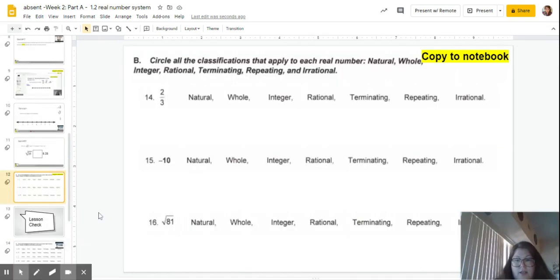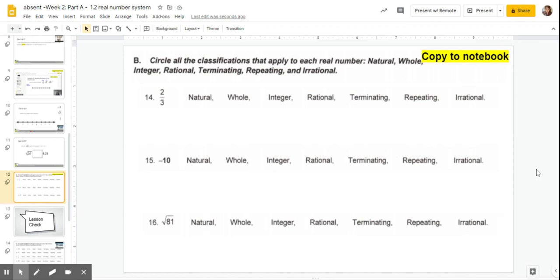All right, if you look at this problem, it is asking you to circle all of the classifications that apply to each real number. It's either natural, whole, integer, rational, and then it can be repeating, terminating, and/or irrational. So if we look at the first one, we have 2/3.